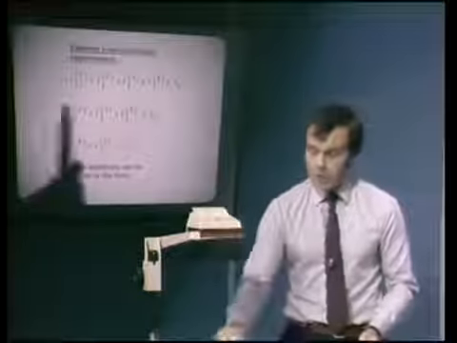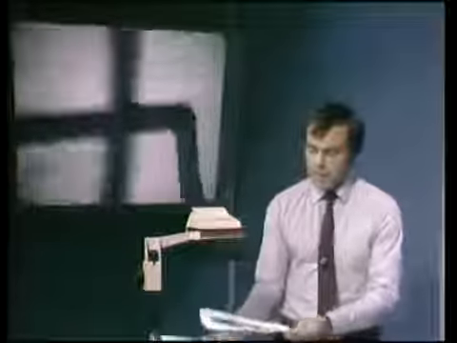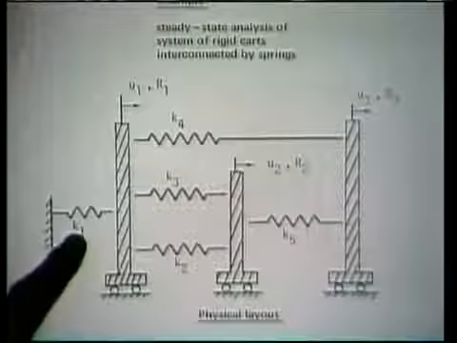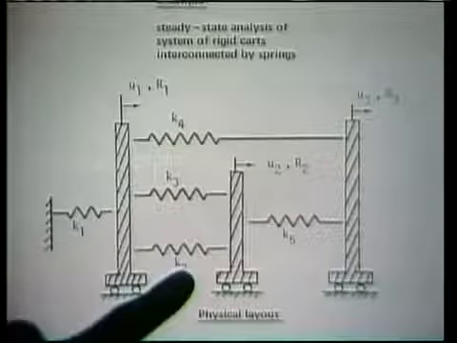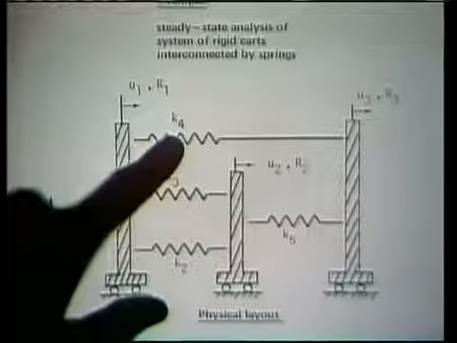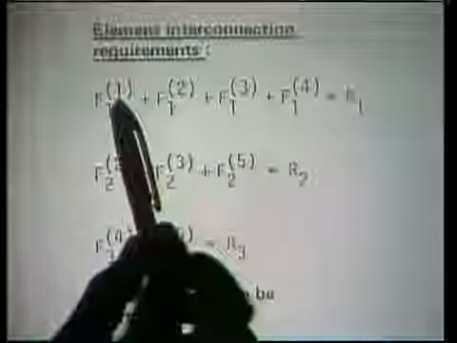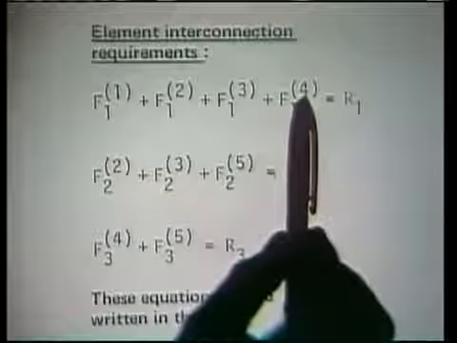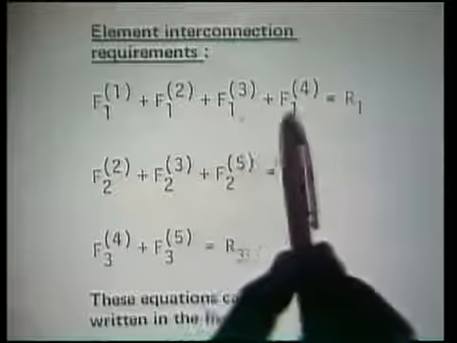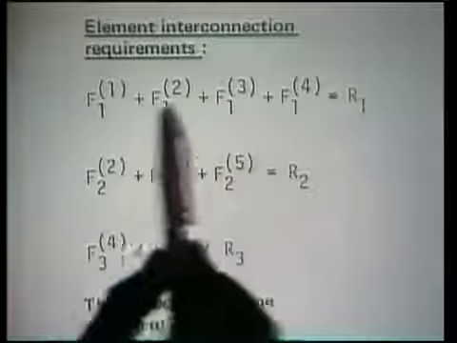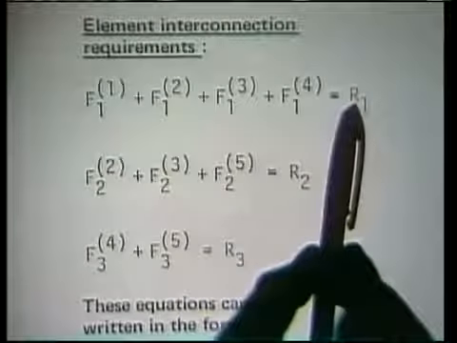Now let us look once at this first equation back here again. Notice U1 couples into this spring 1, spring 2, spring 3, and spring 4. And that coupling is seen right here in spring 1, 2, 3, and 4. And summing all these forces that are acting individually onto the springs, the sum of these forces must be equal to the external load.